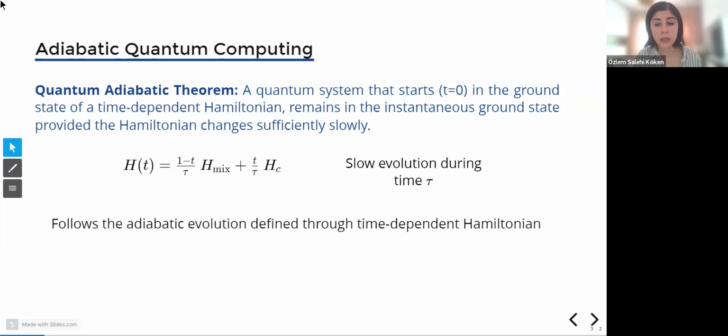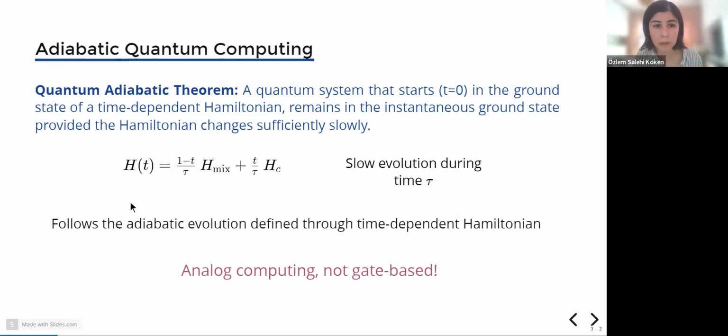It is not gate-based, but an analog computing framework, and it relies on the quantum adiabatic theorem, which states the following. You have a time-dependent Hamiltonian, meaning that this Hamiltonian is changing by time. So this is H of t. And the system is initialized so that it starts in the ground state of this Hamiltonian.